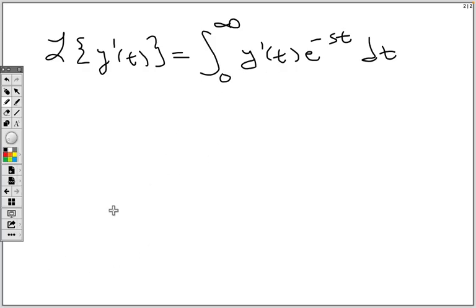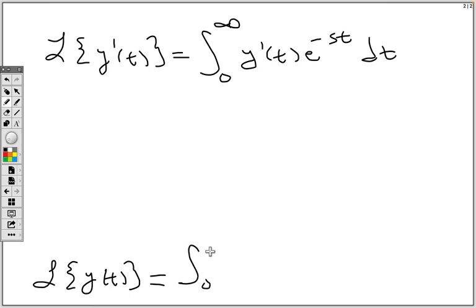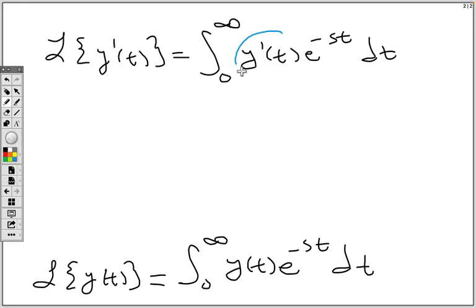And if we want to get this in terms of the Laplace transform of the original function, so the Laplace transform of the original function y, that's the integral from 0 to infinity of y of t e to the minus st dt.